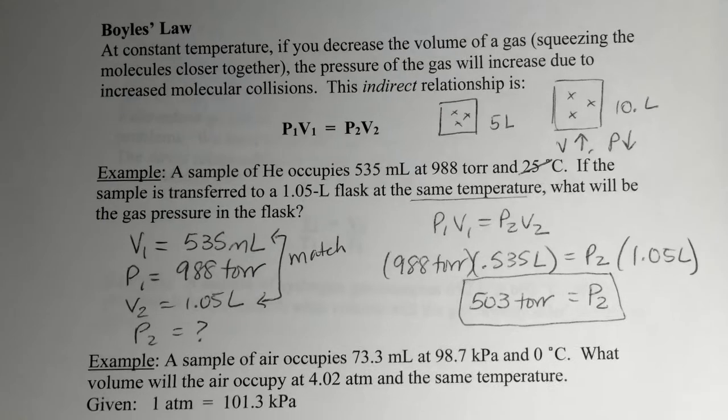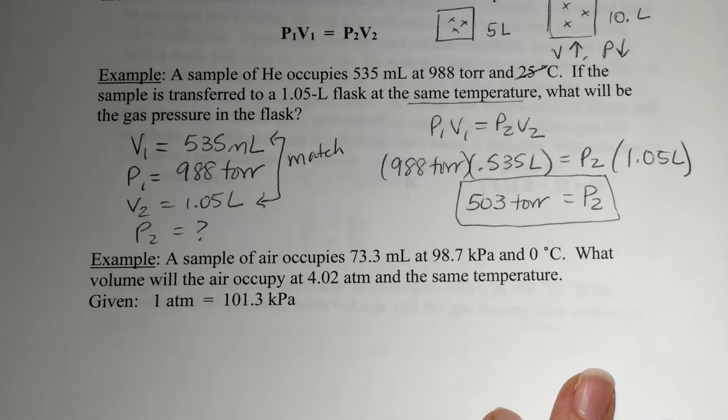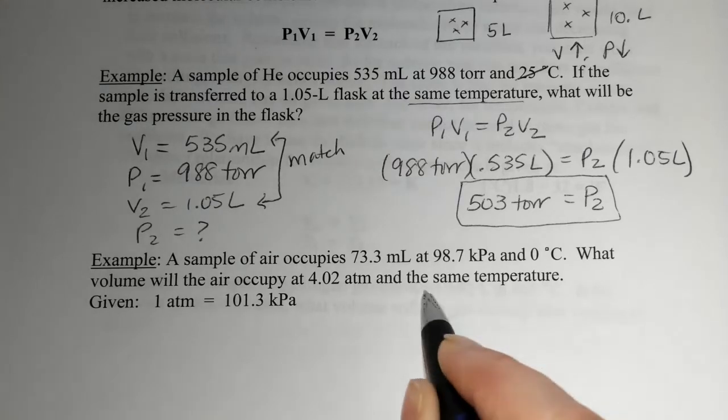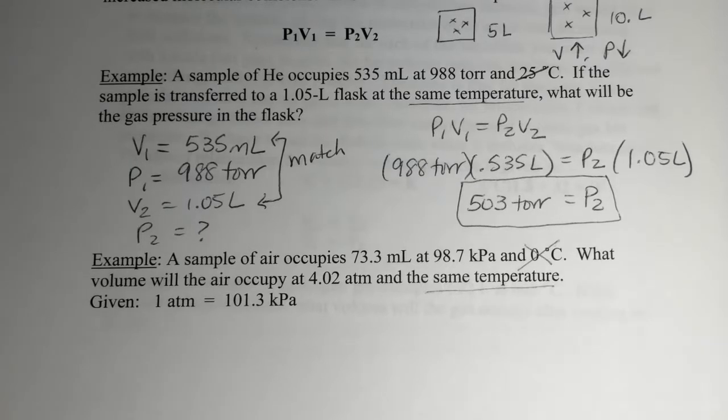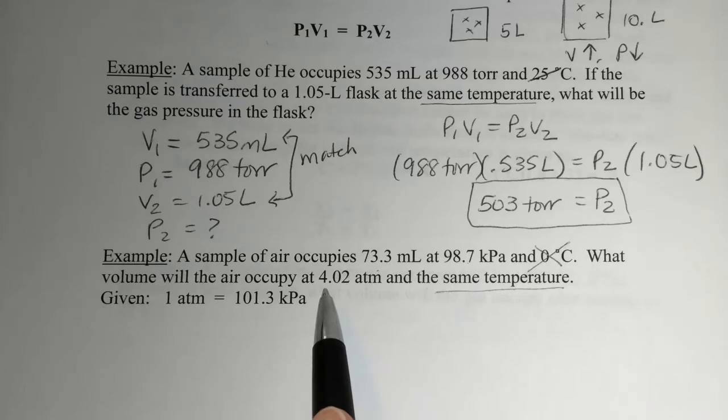Next question says, I've got a sample of air that occupies 73.3 milliliters at 98.7 kilopascals, 0 degrees temperature. What volume will the air occupy at 4.02 atmospheres? And again, same temperature means we don't have to worry about T. All right, so we really just have initial volume, pressure, a new pressure. We want to know the new volume.